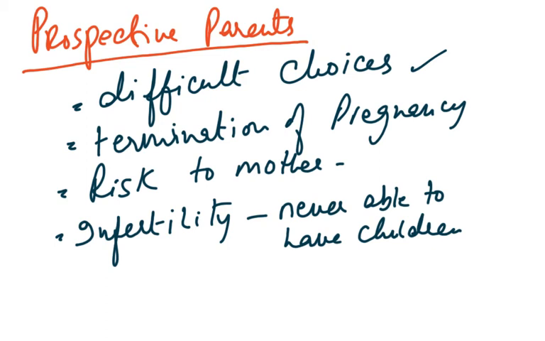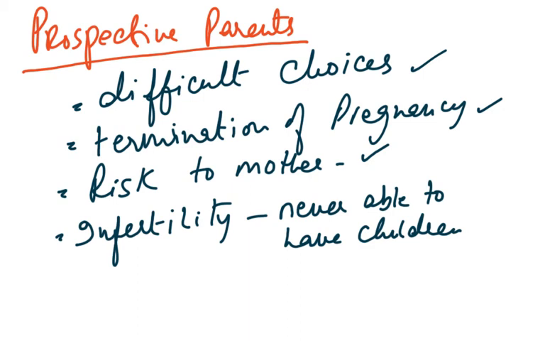If we do this testing at a later stage, then we're going to terminate the pregnancy. Now any pregnancy in which we do an abortion is a risk to the mother dying. There is a small percentage of mortality all over the world that the woman can die when we do it, even if we do it very properly in a hospital.